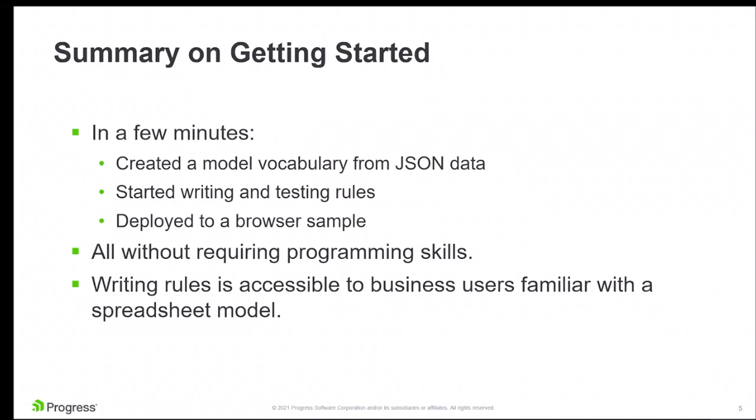We'll see all the targets in a few moments. But the key thing is everything was done without requiring programming skills. Writing the rule is accessible to business users who are familiar with a spreadsheet model.